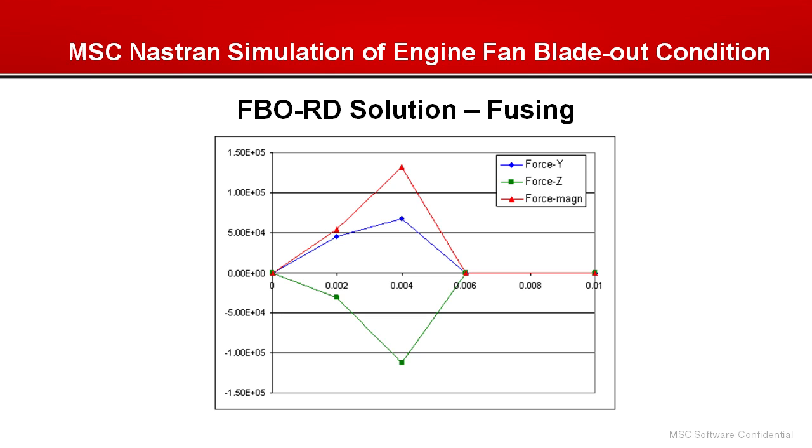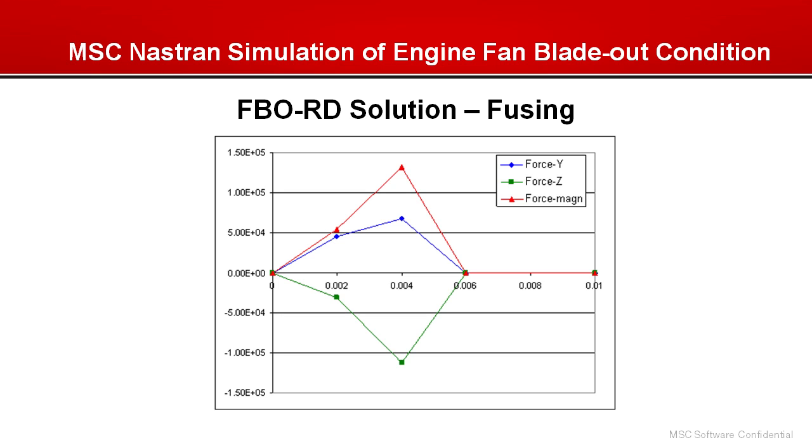C-bush elements are generalized spring damper elements that can be used to represent bushing connections. C-bush elements support material nonlinearity in the forms of force displacement curves for nonlinear stiffness representation, as well as force velocity curves for nonlinear damping representation.